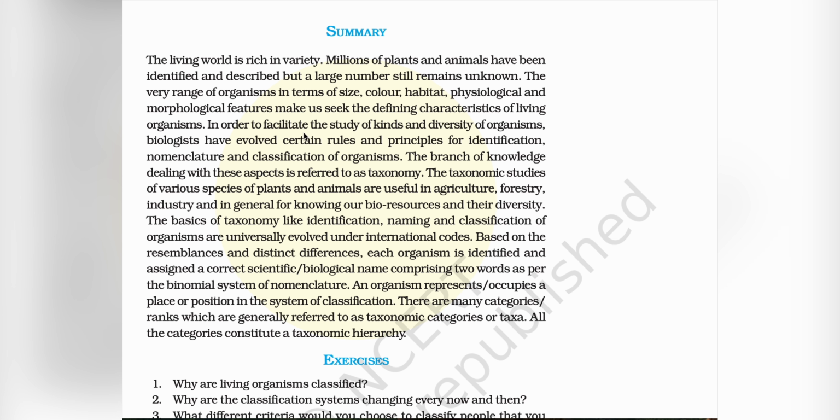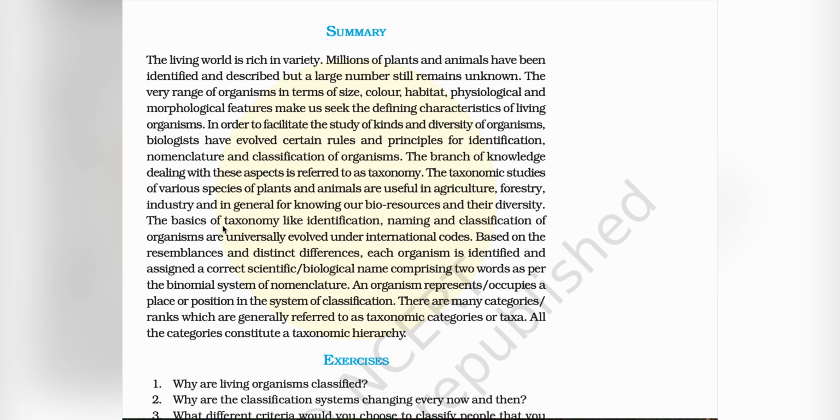In order to facilitate the study of the kinds and diversity of organisms, biologists have evolved certain rules and principles for identification, nomenclature, and classification of organisms. The branch of knowledge dealing with these aspects is referred to as taxonomy. The taxonomic studies of various species of plants and animals are useful in agriculture, forestry, industry, and in general for knowing our bioresources and their diversity.